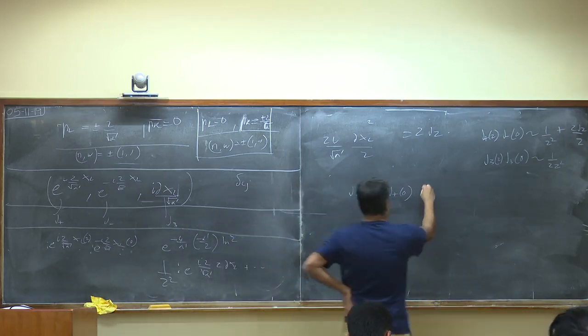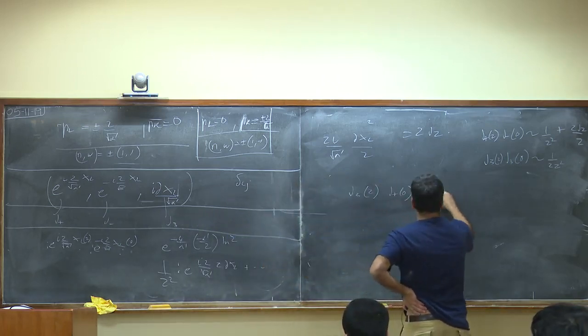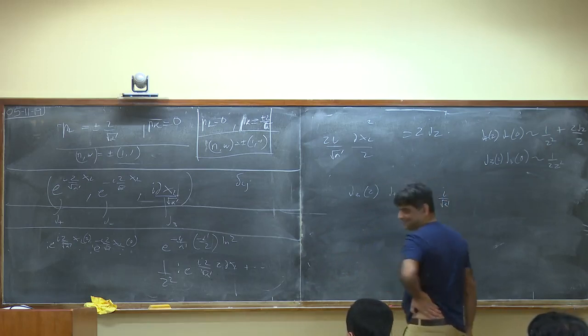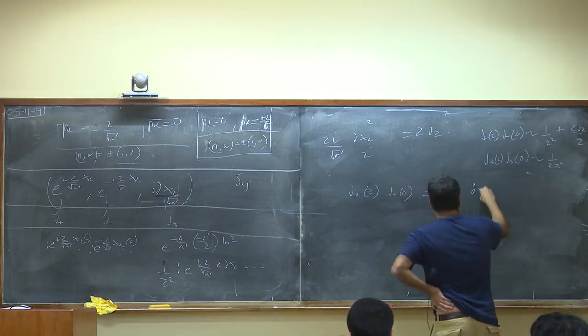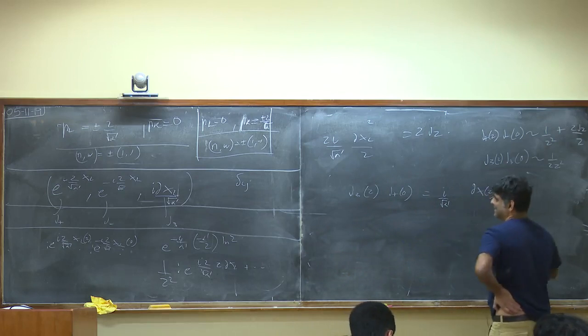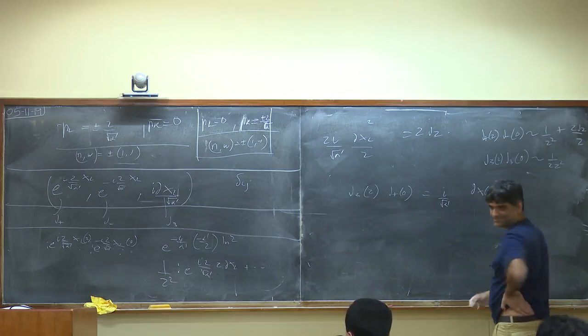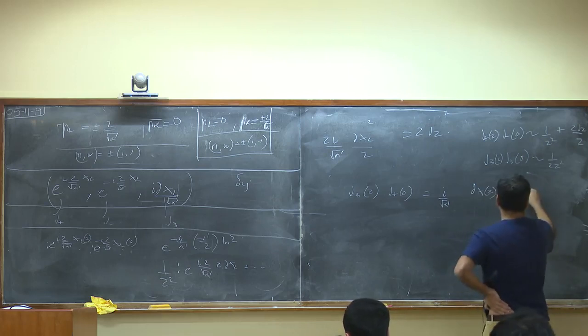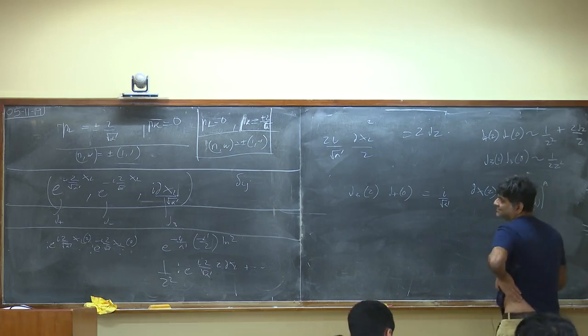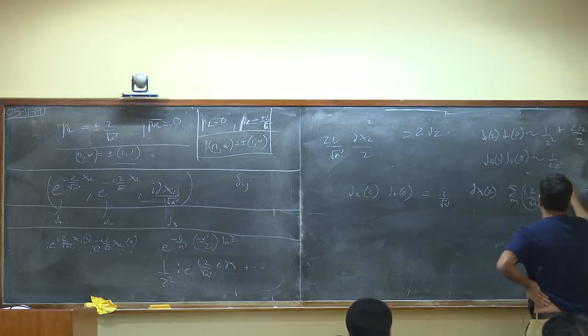That is equal to i by square root alpha prime del x of z, then this is the sum over m of i2 by square root alpha prime to the power m, xl to the power m by m factorial.